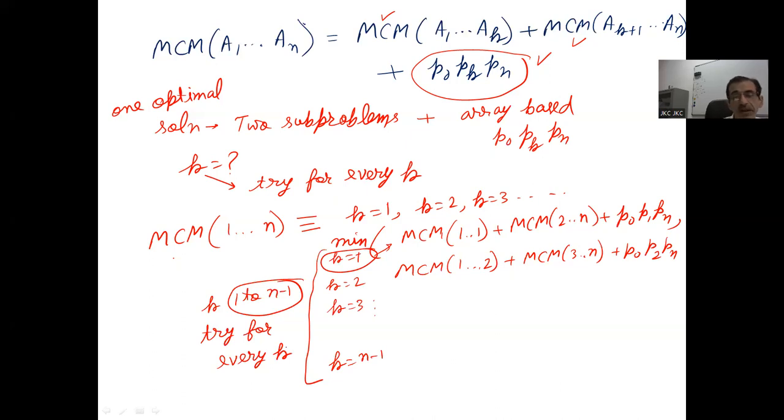That becomes simple, and by this process my recursive definition can be made ready. So the recursive definition of the overall optimal solution can definitely be planned.